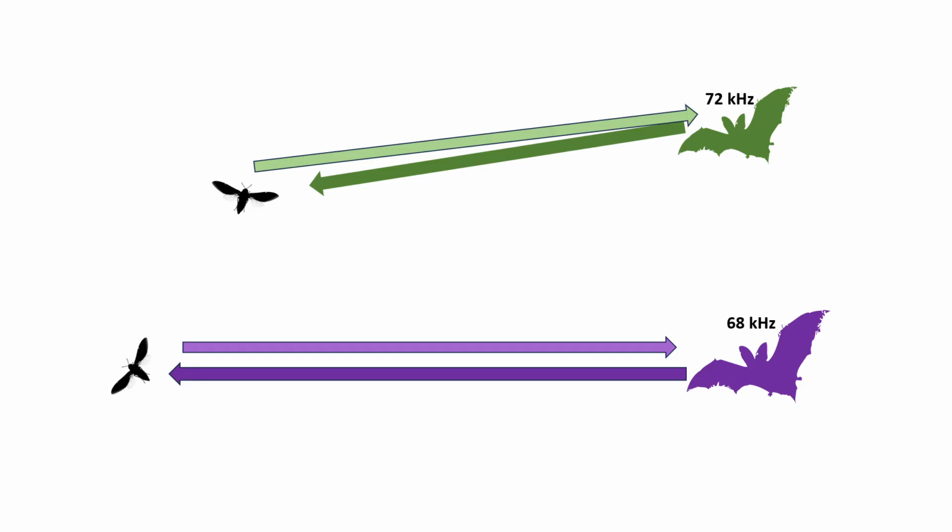So here, our same two guys are flying. The one remains at the original frequency, 72, and the other one on the bottom has dropped his calling frequency to 68. Now they're hearing their returning echoes of their own frequencies, and they are not confused or confounded.